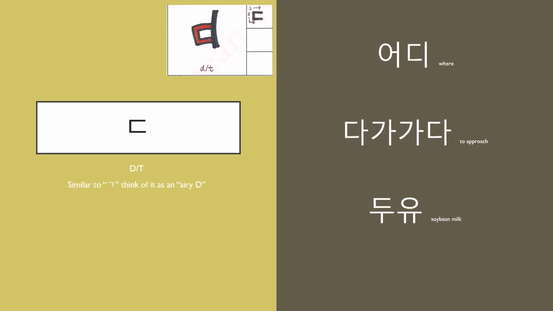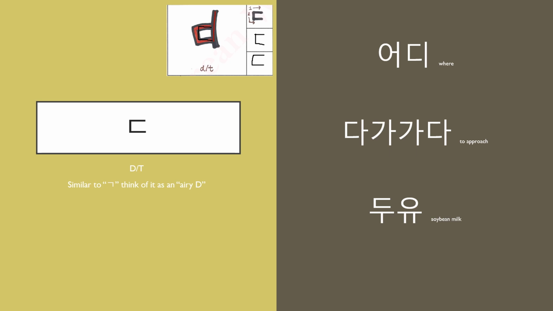The next consonant we'll be looking at is the D/T sound. You write this consonant by going 1, then 2. 1, 2. To help you remember, think of it as a lowercase d sound, and it's this part right here that looks like the Korean D/T.